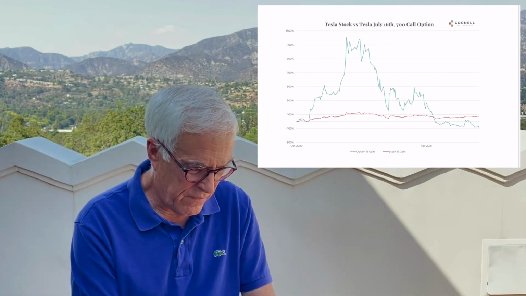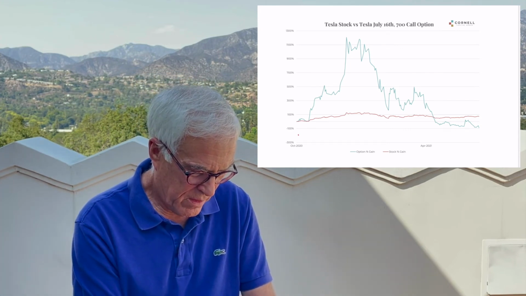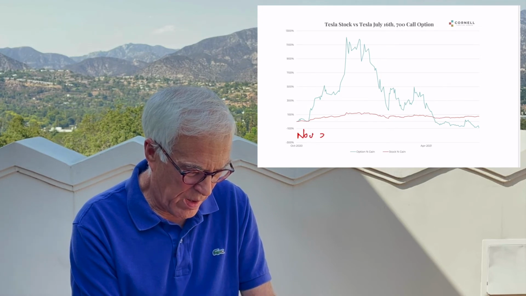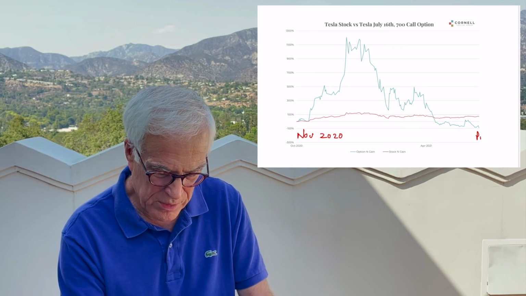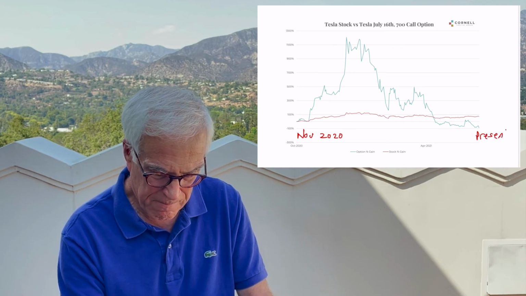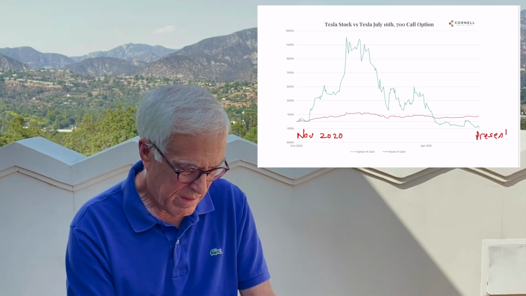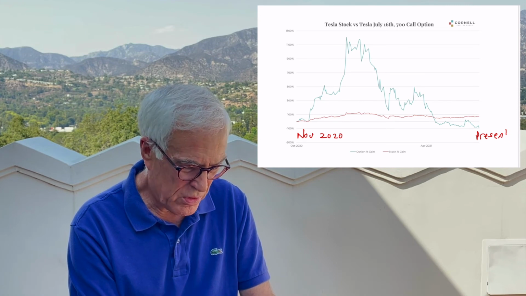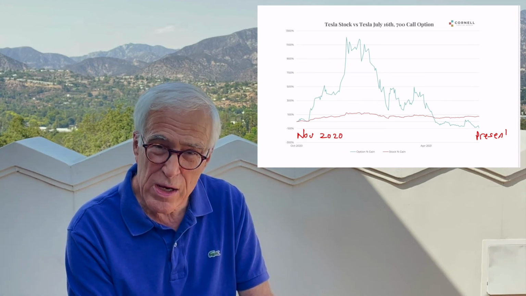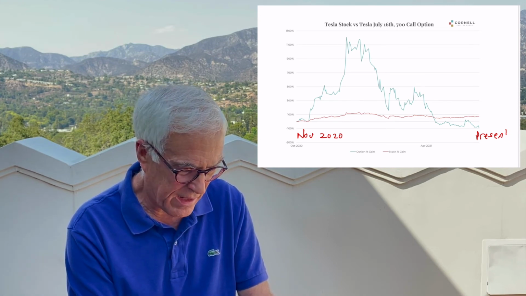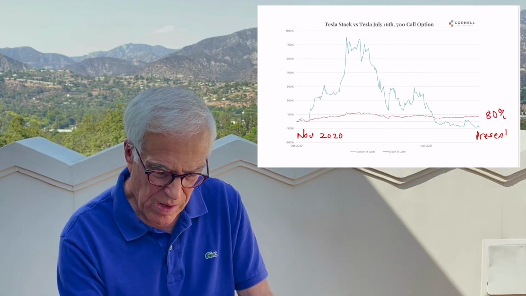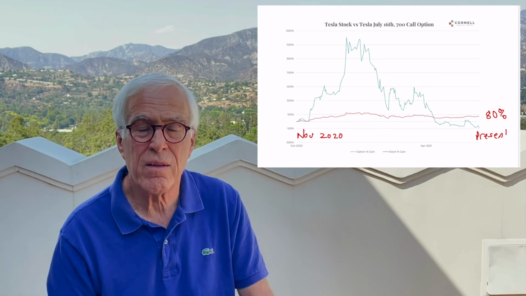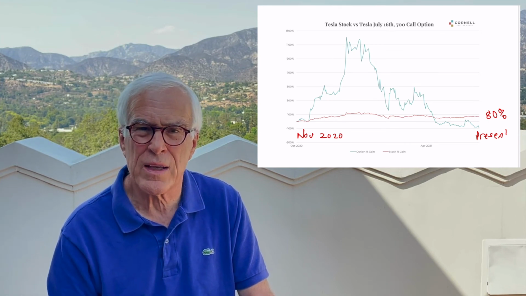So this is an investment starting in November of 2020, going through to the present day. And the red line shows your percent appreciation if you'd bought Tesla stock. Because Tesla did well during that period, you're up about 80% if you just bought and held the Tesla stock.